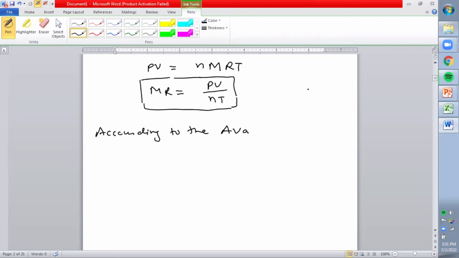Getting? Okay, sir. Thank you. According to Avogadro's hypothesis, the volume of 1 mole of any gas is the same as the volume of 1 mole of any other gas when the gases are at the same temperature and pressure.